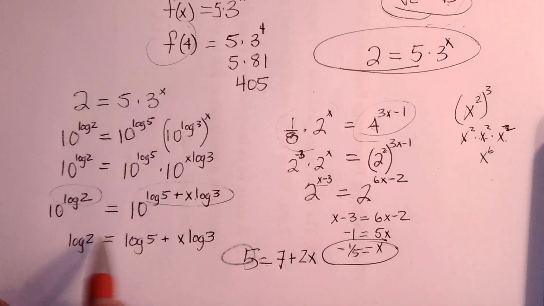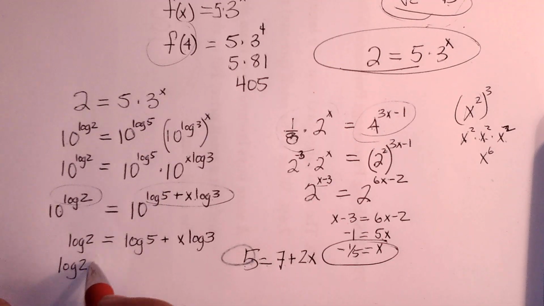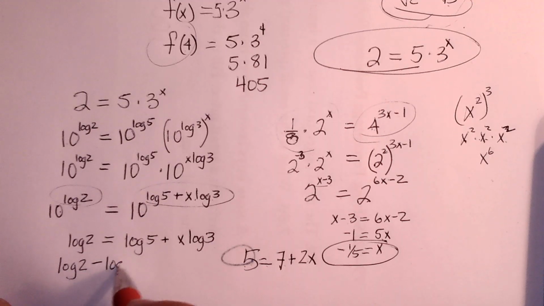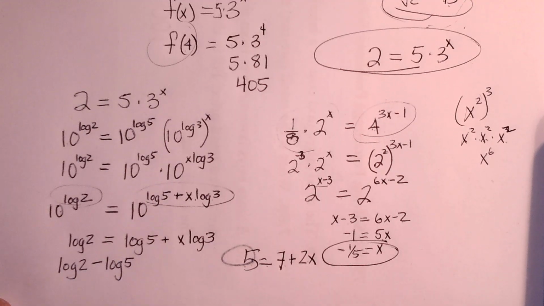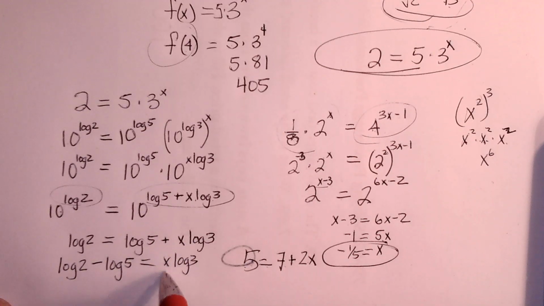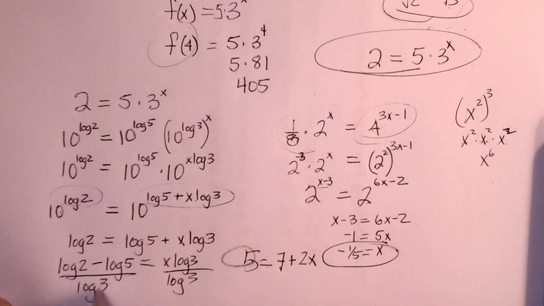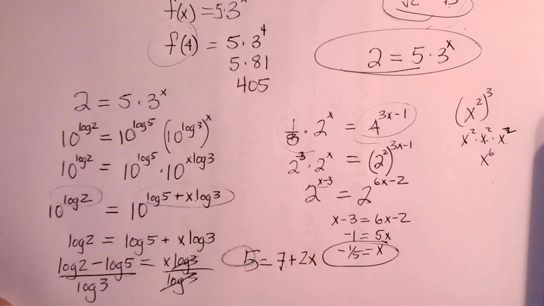I'm going to subtract log 5 from both sides. That number minus this number equals x times this number. And then if I divide by log of 3, I know what x is.